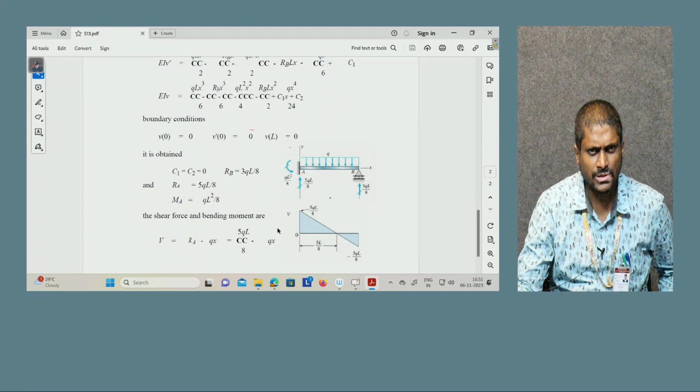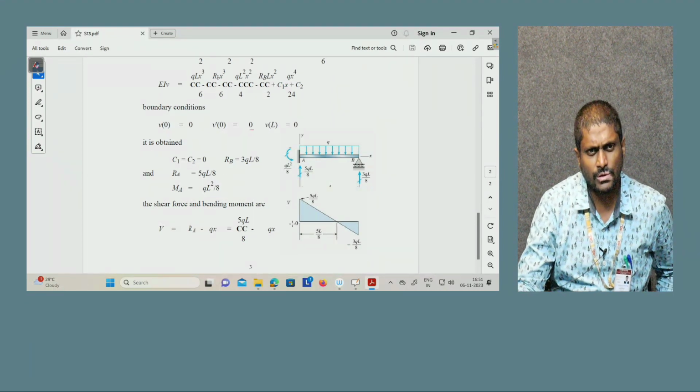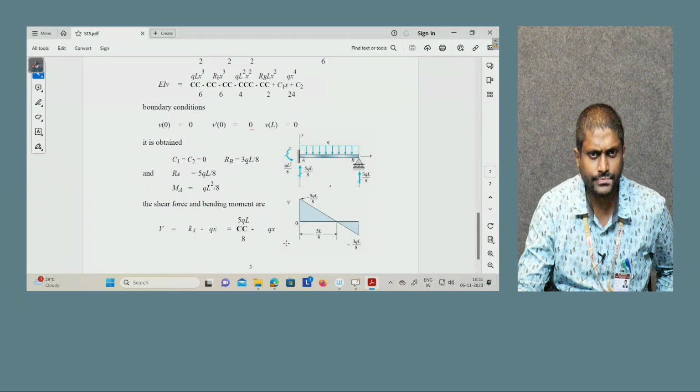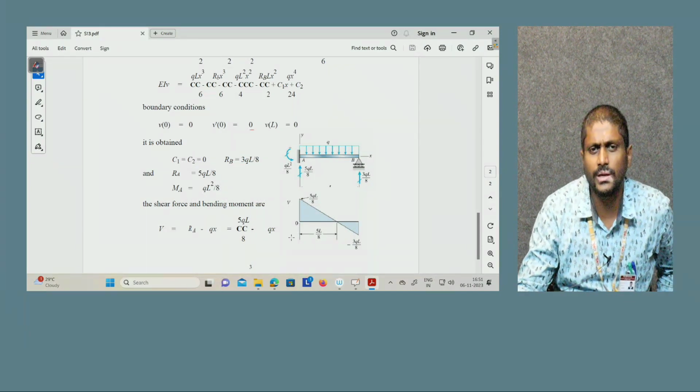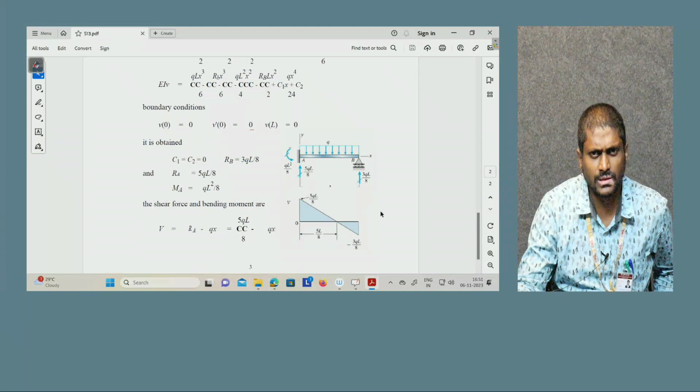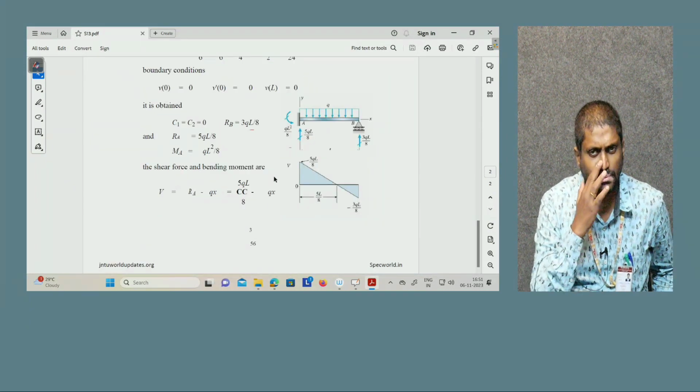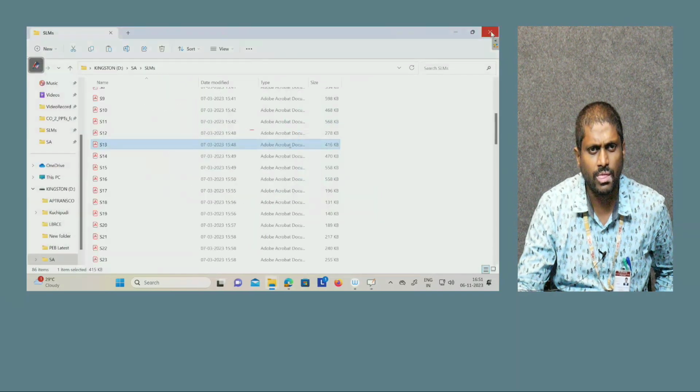Then with that, the shear force and bending moment are V equals RA minus qx, which equals 5qL by 8 minus qx. The diagram for the propped cantilever can be drawn like this.